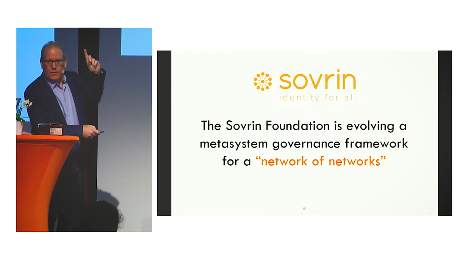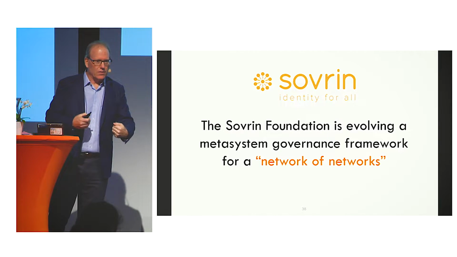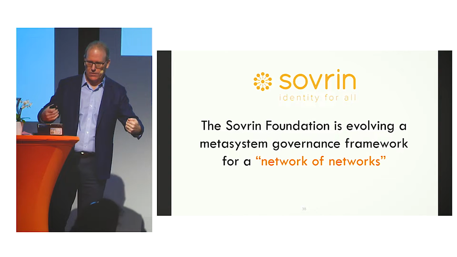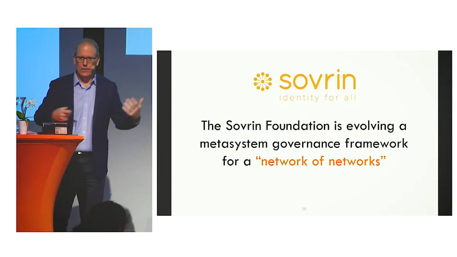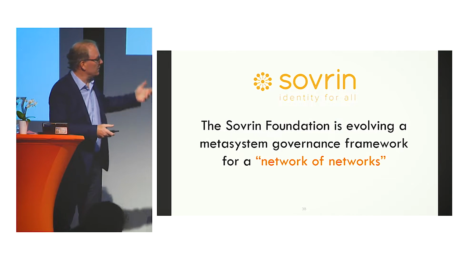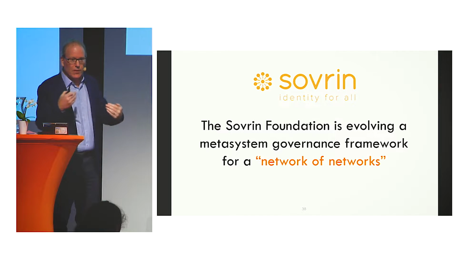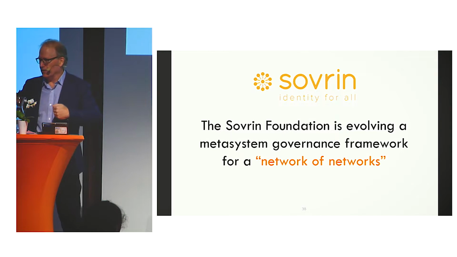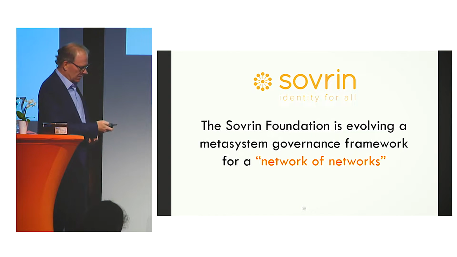So Sovereign is evolving, and it is evolving in the direction of saying, we're known as one network right now. We need to become a network of networks. We need to embrace all of the networks that want to come together under a governance framework under the principles that are already there. And some of those networks, some of the most interesting ones, are right here, in Europe, in Finland. So it's a very, very exciting dialogue.